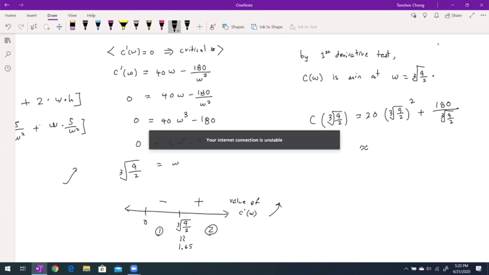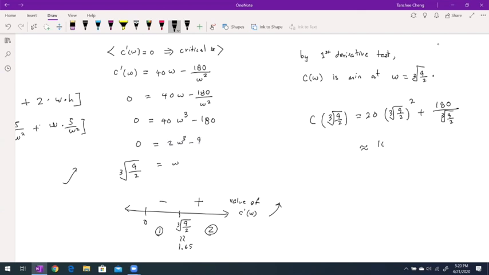I got 163.54. Yes, 163.54. Can someone confirm?